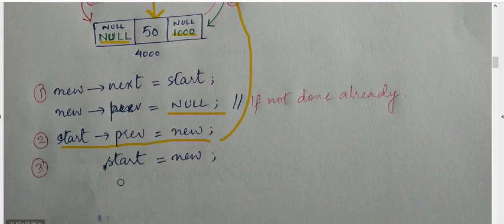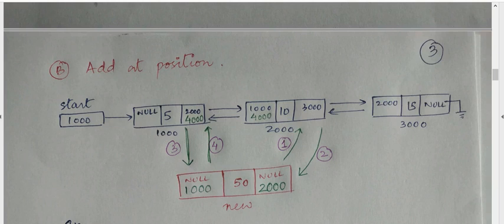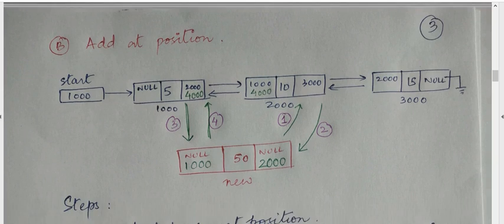Then you have to update the start pointer. Now start pointer is set to new, which is 4000. So your add at the beginning is done. Moving ahead, now let's say we are doing add at a position.